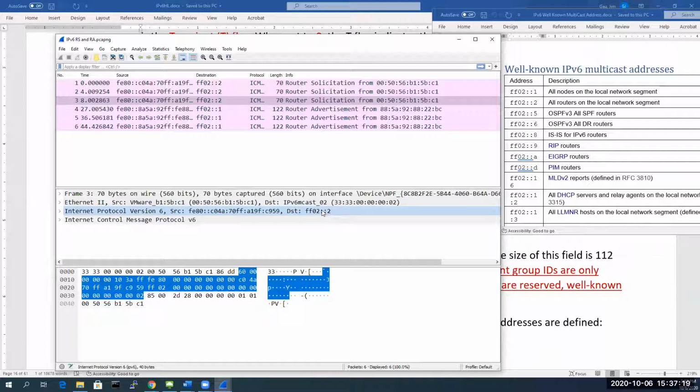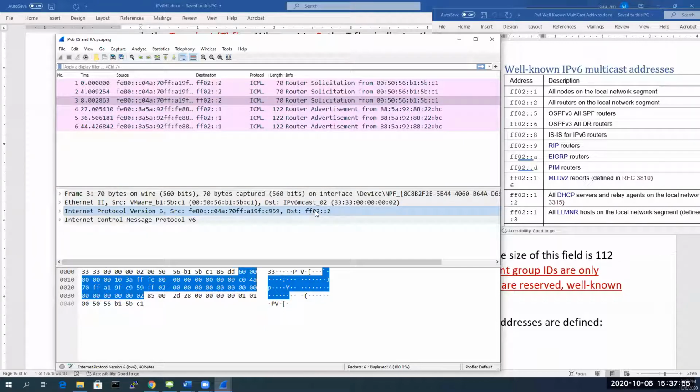The last 32 bits of the multicast address will be copied into the MAC address. So that is what your router will subscribe to. Not only will the router have its own MAC address, but it will also subscribe to the multicast MAC address of 33:33:00:00:00:02. So in the router solicitation, you are doing multicast.